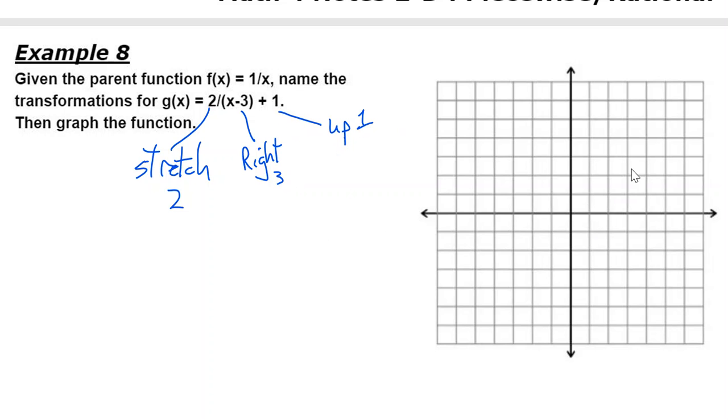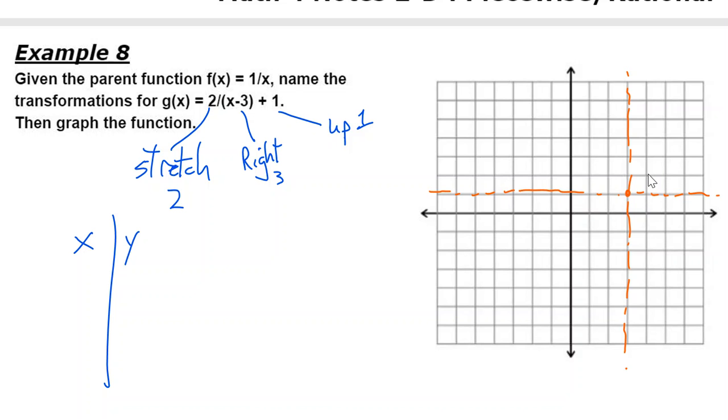Now, the right 3 and up 1, that is our center, which means that our asymptote is going to do that and going to do that. Now, the question becomes, how do we stretch it to? My best way of thinking about this is to just do a plug-in chart.